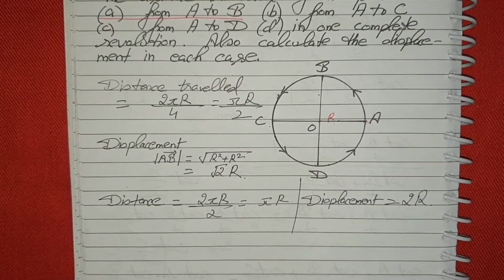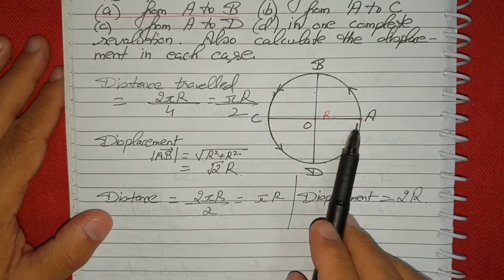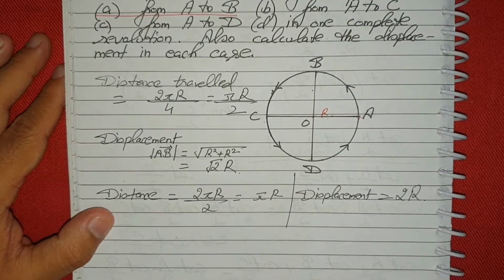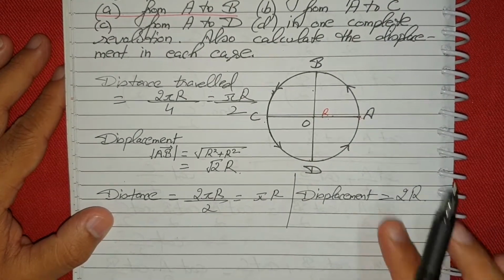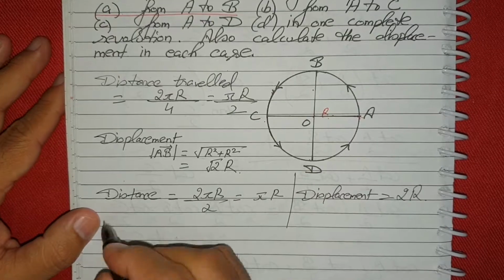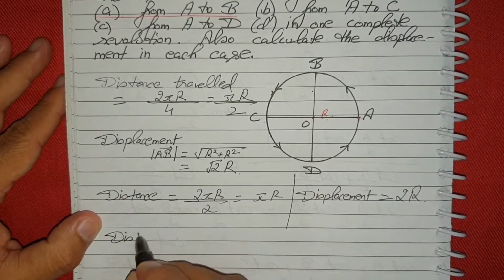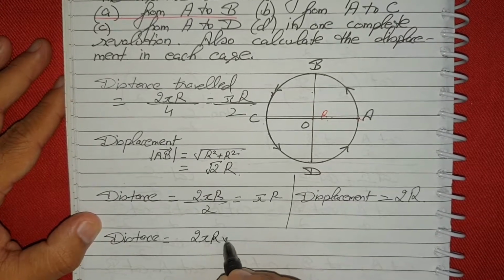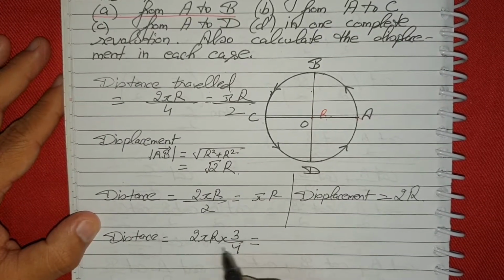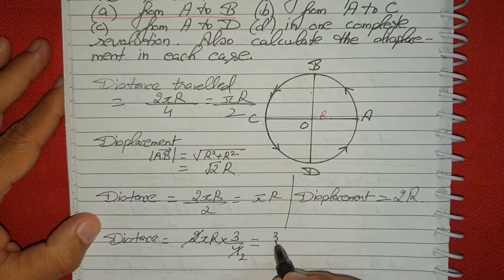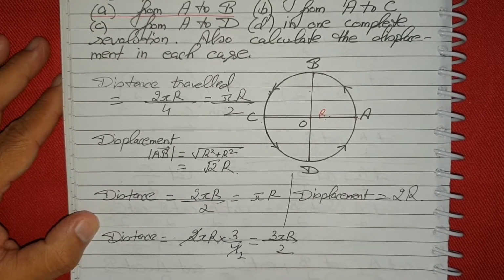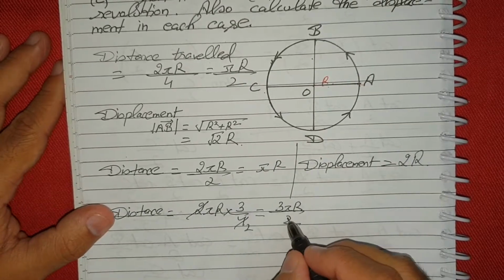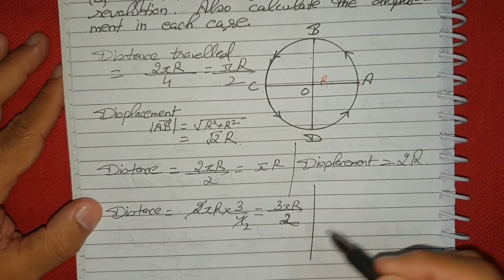Okay. Now we have to do the third point, which is from A to D. Now what is A to D? A to D is actually 3/4 of the circumference. So distance is basically 2 pi r times 3 by 4, so this goes 2 times. So this is 3 pi r by 2, this distance.